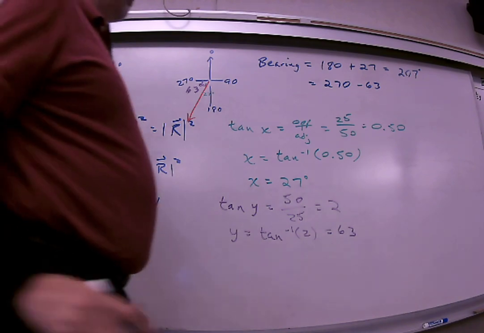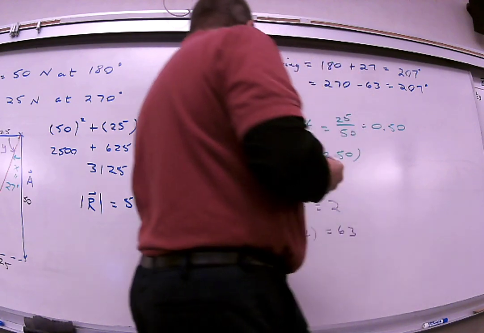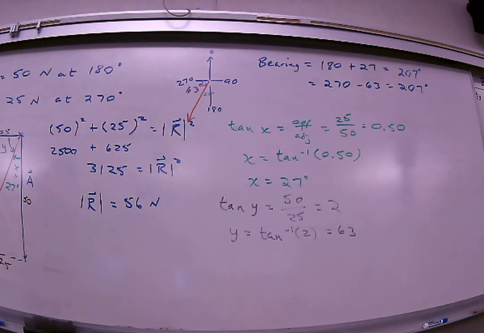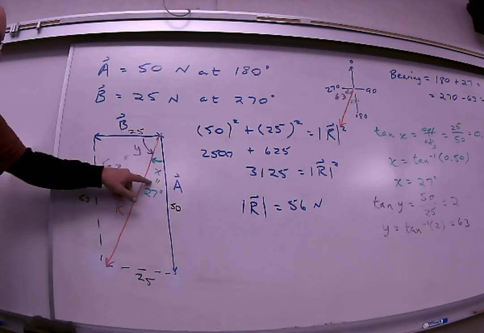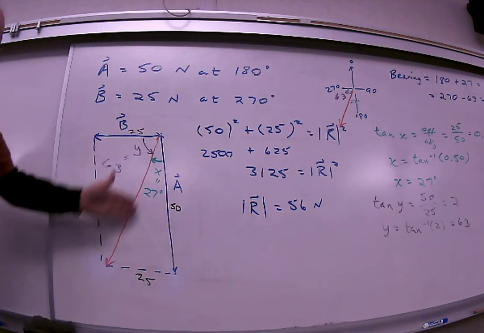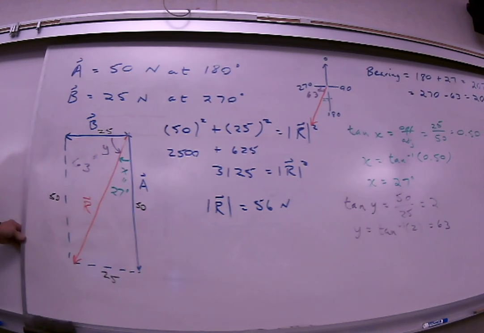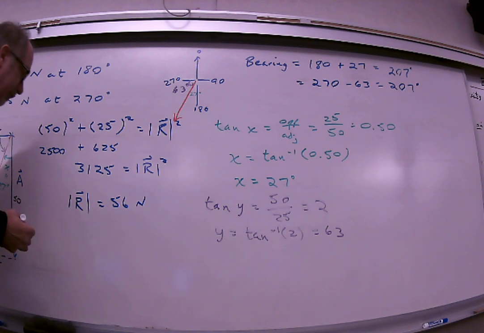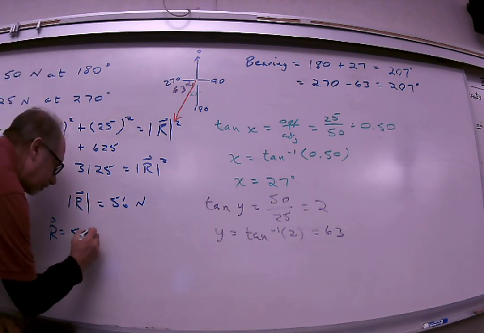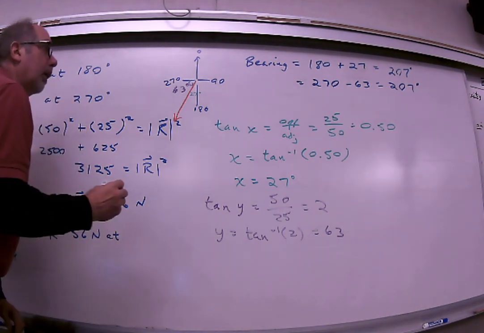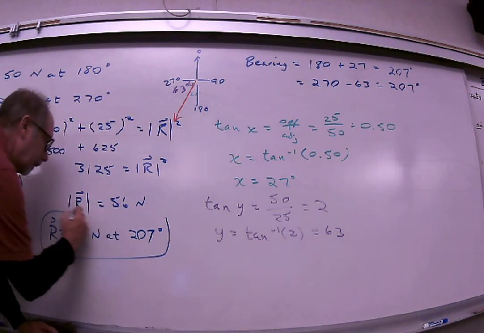And 270 minus 63 is 207. Okay, so moral of the story, it doesn't matter what angle you use. You'll end up with the very same answer. You just do the math right. All right, anyway, my final answer then is R is equal to 56 newtons at 207 degrees. That is your answer.